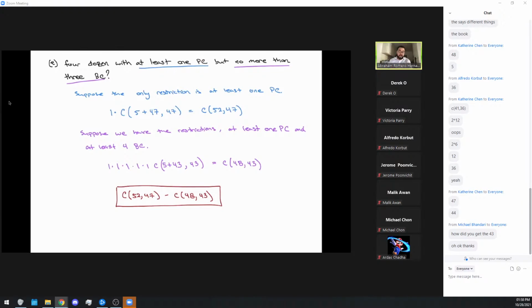Does that make sense as to why I'm subtracting now? And why I did it this way? It's just a much quicker way if you want to look at it in those terms. Any questions?